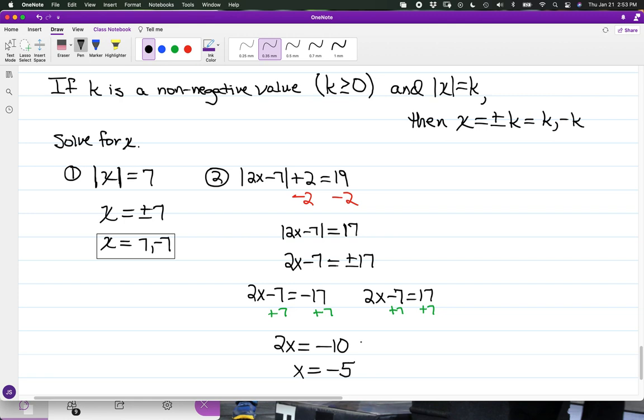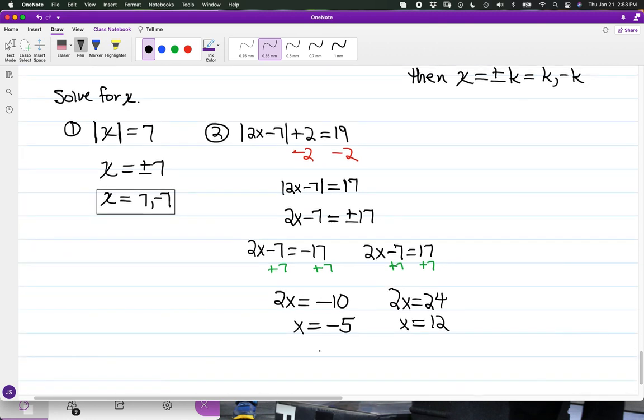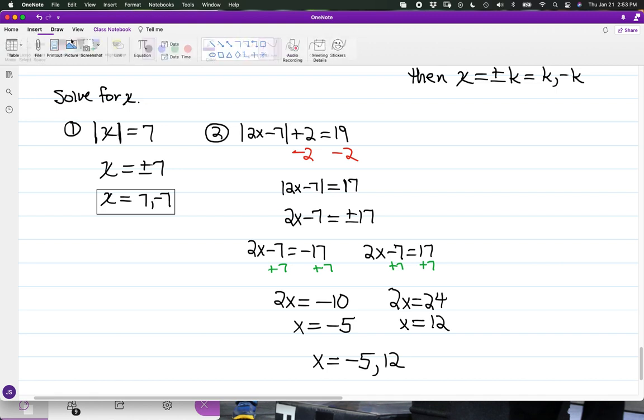Now for 2x minus 7 equal to 17, if I add 7 to both sides, we have 2x equal to 24, and dividing by 2, we come out to x equal to 12. So x will have 2 solutions: at the lower end, negative 5, and the other at positive 12.